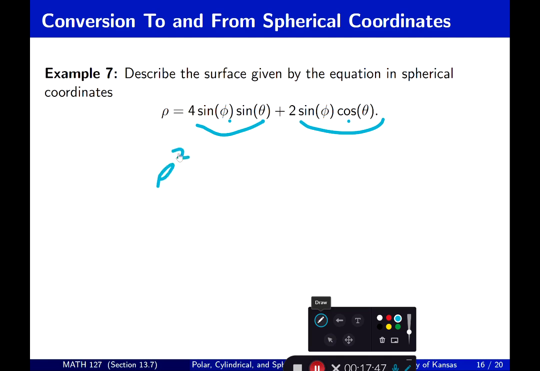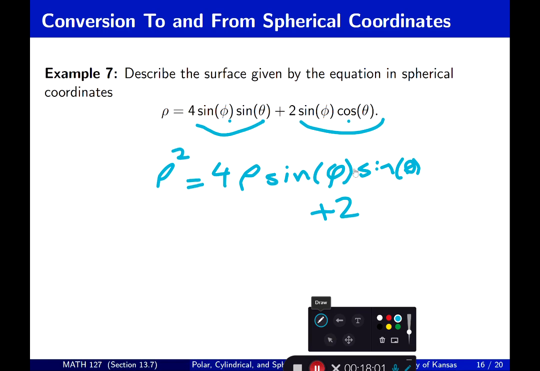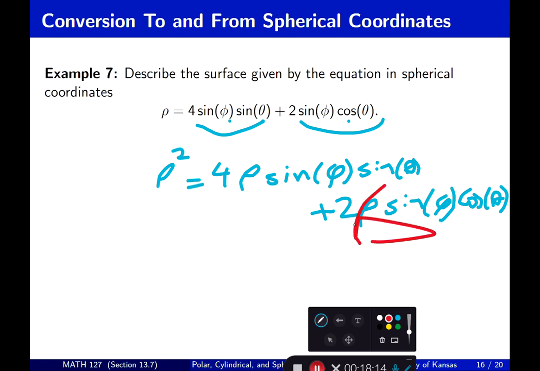So I go rho squared is equal to 4 rho sine phi sine theta plus 2 rho sine phi cosine theta. Now what happened? Now this part is x. Oops.